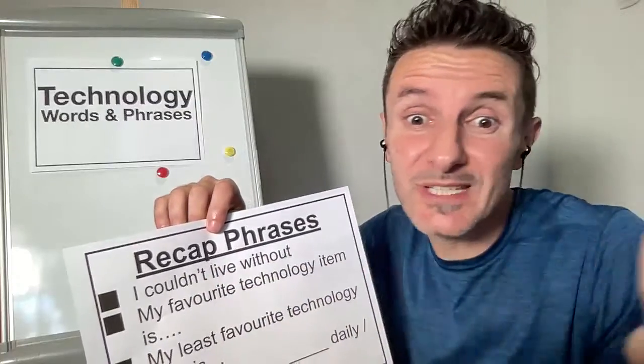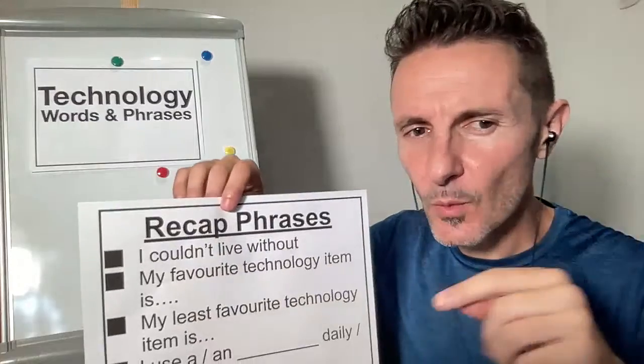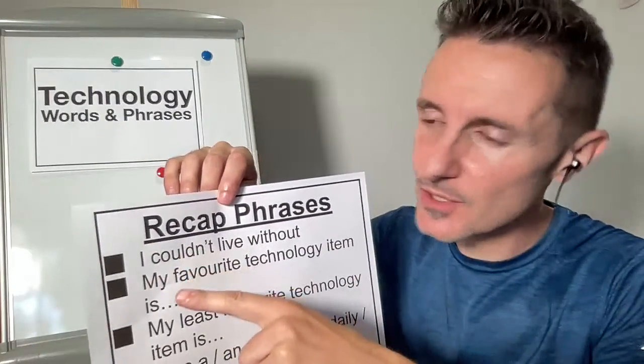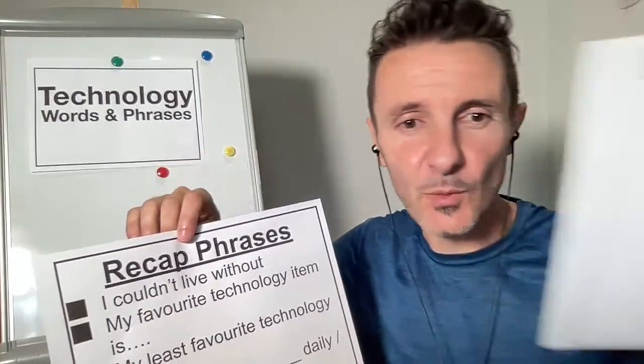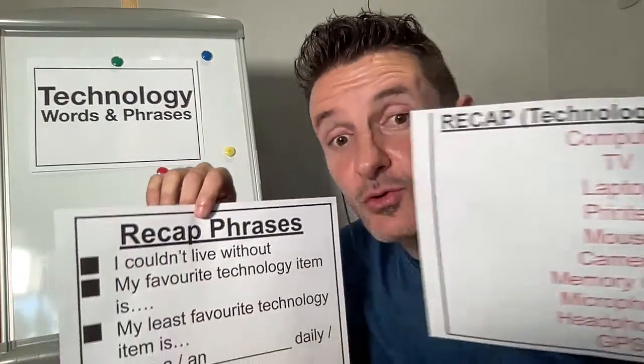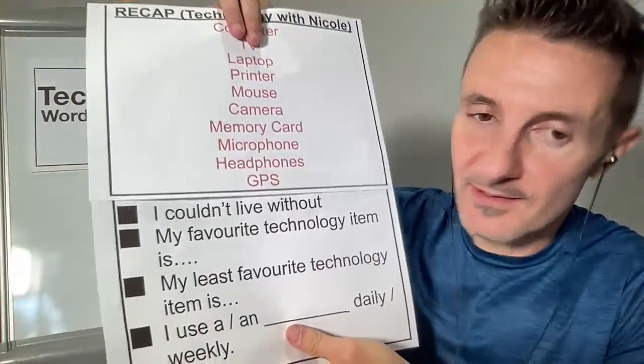It's very important for you. And you couldn't live without it means if you didn't have it, it would make your life really bad. So I want you to type in the chat, I couldn't live without, and then choose one of the ones we've covered. Which one of these can you not live without?